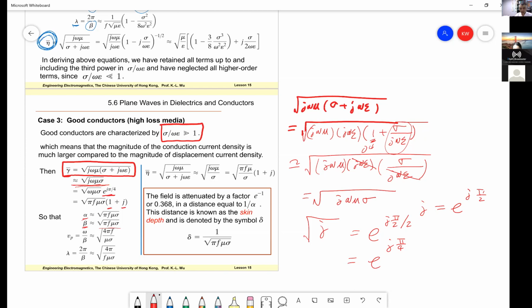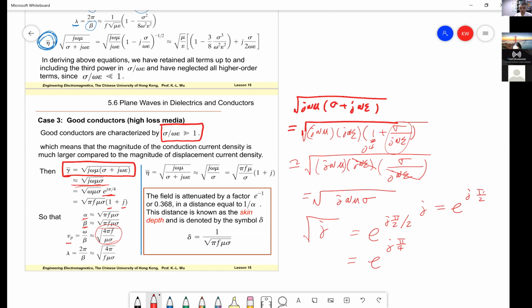Okay, in this case, the wave number, the phase velocity, is always defined by omega divided by beta. So that becomes very strongly dependent on frequency and conductivity.